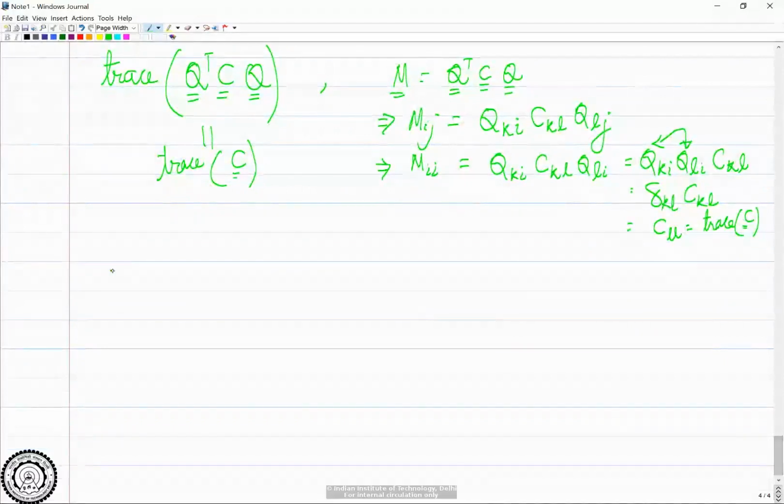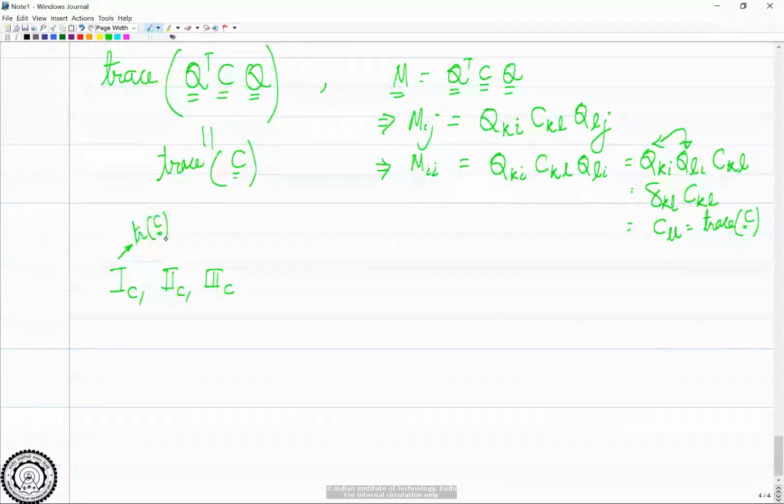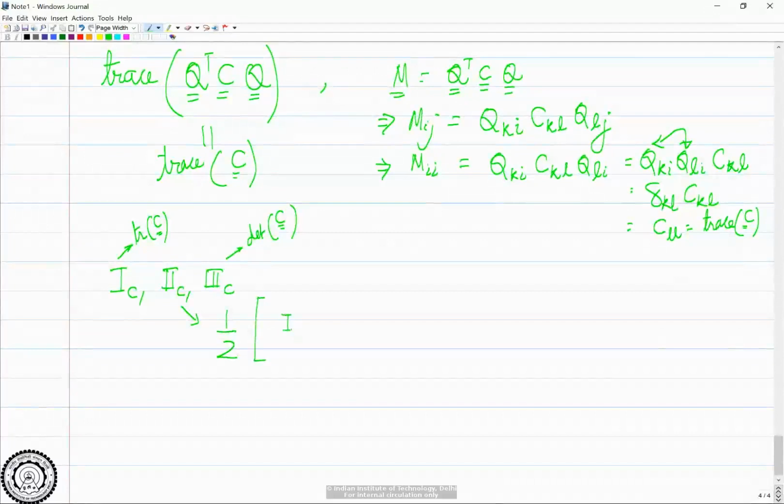So we denote them by I_1(C), I_2(C) and I_3(C). I_1(C) is trace of C, I_3(C) is determinant of C, and I_2(C), if I remember correctly, is half of I_1(C) whole square minus trace of C square. I think this is what it was. Is that okay? Can someone recall?